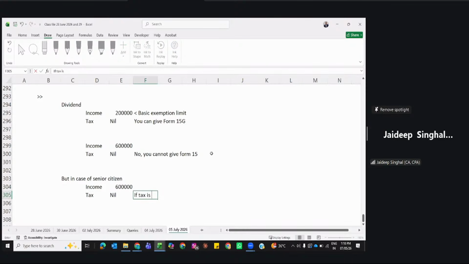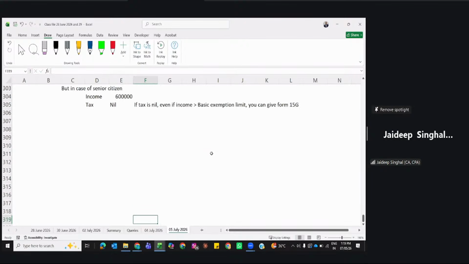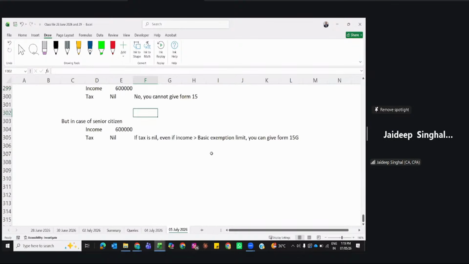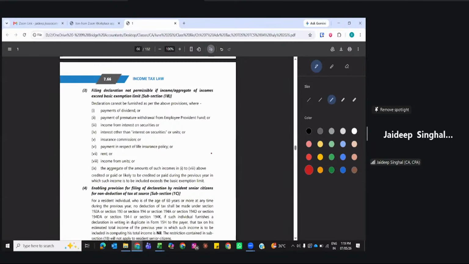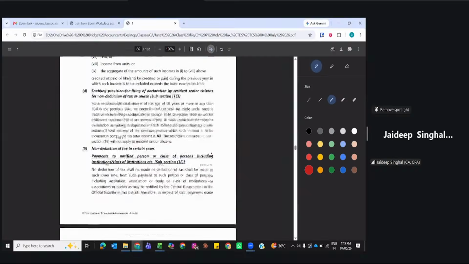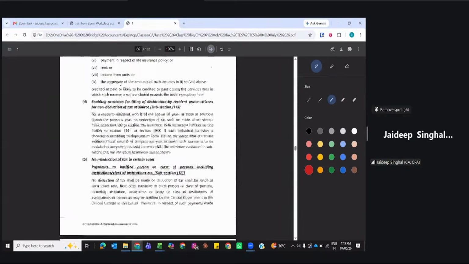If tax is nil, even if income is greater than the basic exemption limit, you can give form 15G and no tax will be deducted. Is this clear, everyone? So this was covered here.